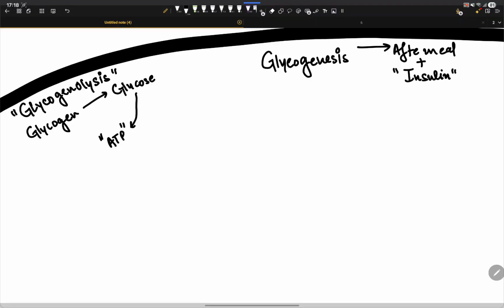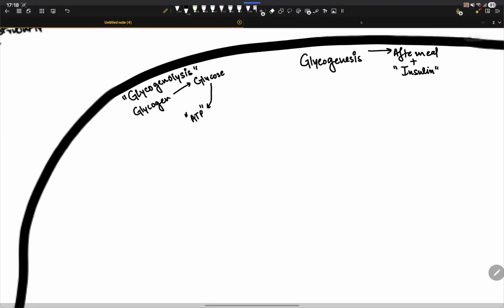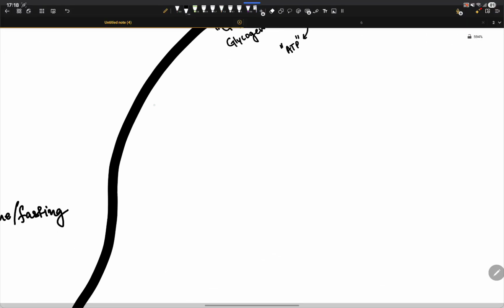This pancreas senses all these changes. The pancreas in your body is the glucose monitor, and it is responsible for talking to the liver.